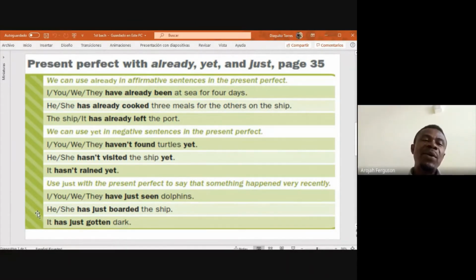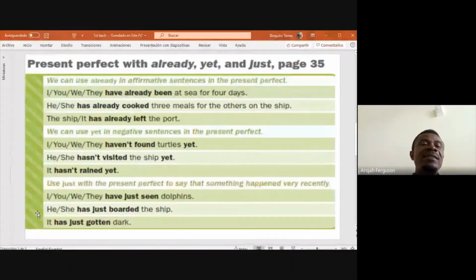So I have just boarded the plane, boarded the flight, or boarded the bus, which is to get into the bus, the train, or the airplane. The next one is: it has just gotten dark. So don't forget, we use just for something that has happened recently.